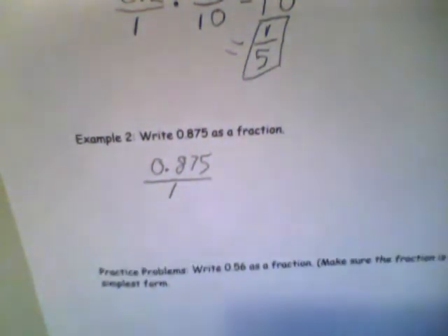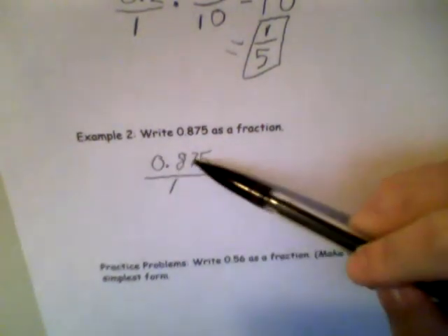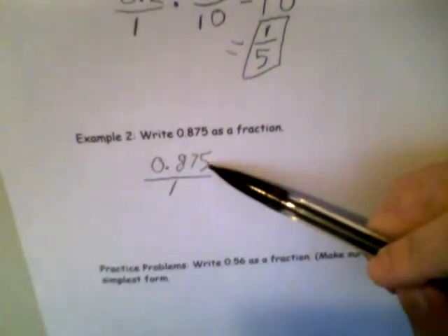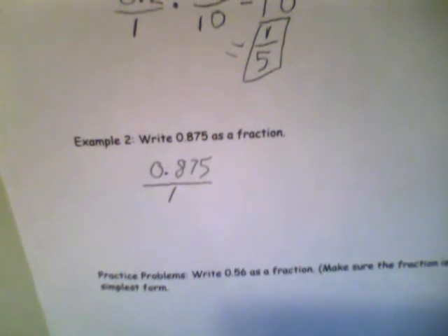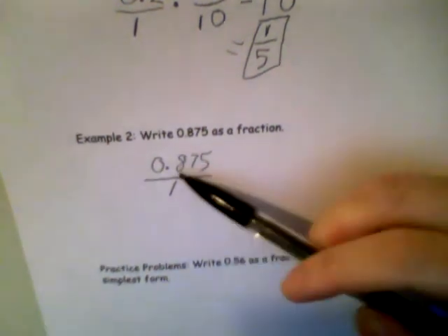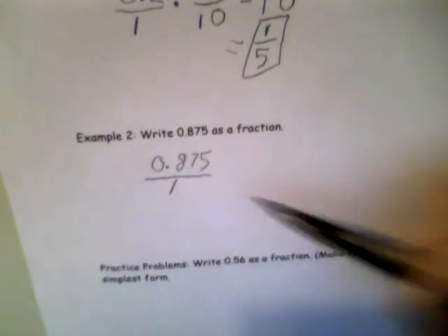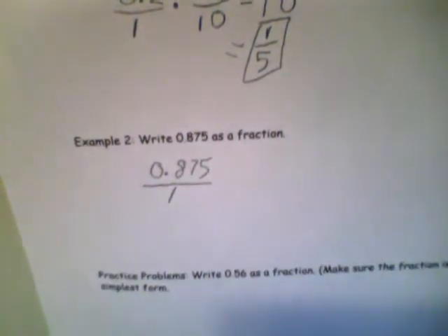Now I have to multiply by 10 for every non-zero number after the decimal point. Notice I have 3 non-zero numbers after the decimal point. So I'm going to have to multiply by 10 times 10 times 10. So multiply by 10 for every number. 10 times 10 times 10 is equal to 1,000.